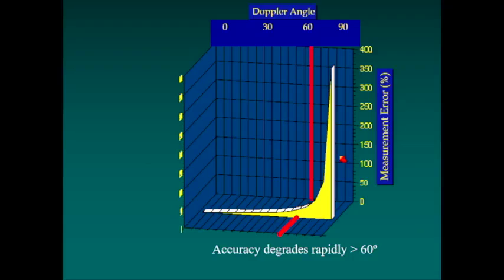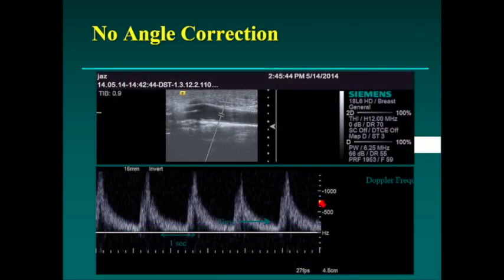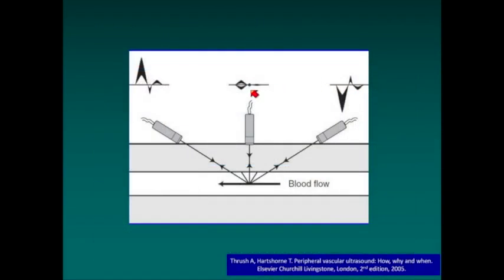And here's a time-honored graph showing how the accuracy of the measured waveform degrades above 60 degrees, and it does so rather rapidly. One thing I might point out is that if you are at 90 degrees, you often get these very strange triangular or diamond-shaped waveforms where you get representation above and below the baseline. I think that's caused by probably one of two mechanisms.